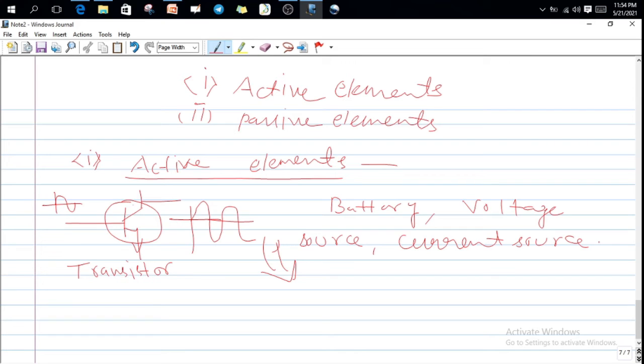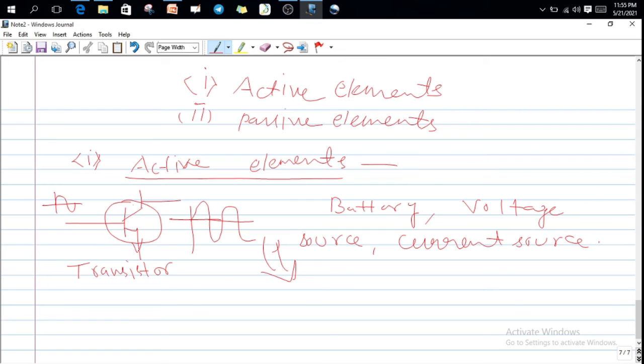Okay, could we summarize it? Yes, active elements are those elements which possess energy delivery and absorbing, as well as delivering or absorbing for a long duration of time. That comes under the active elements.